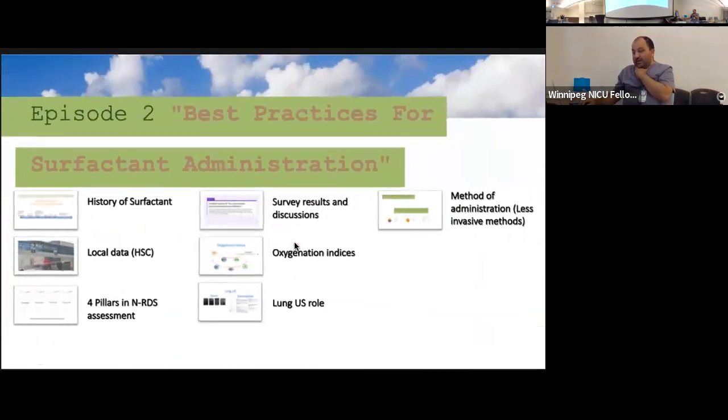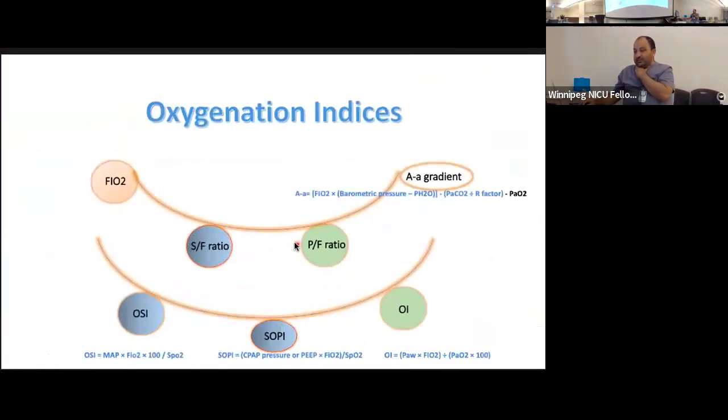Anyway, briefly, oxygenation indices. They range simply by relying on what we are providing and what we are receiving. What we are receiving is saturation, so we call it the saturation to FiO2 ratio, compared to the PaO2 to FiO2 ratio, or including the pressures in the equation.